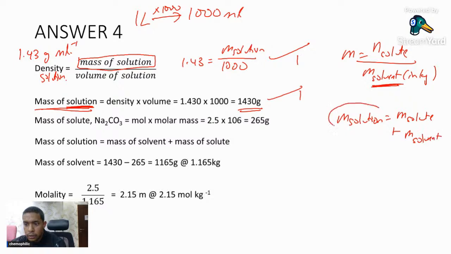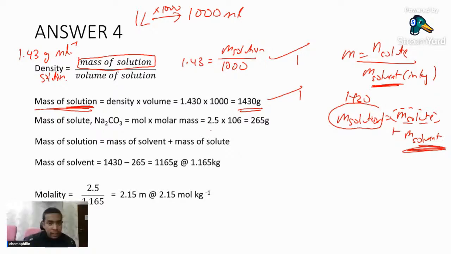So we already have this, which is 1430. Now I will go and find this. We know the mole of solute already, because from our assumption just now, the mole of solute is 2.5. So 2.5 times the molar mass of Na2CO3, you get 265. You do this calculation, you get another mark.